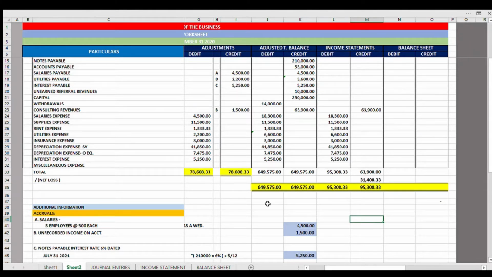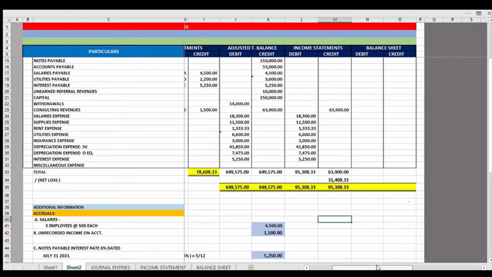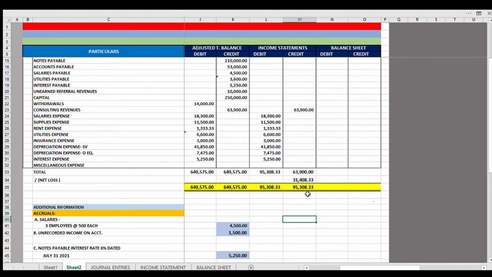Bringing the account balances down, and still balanced in this column up to the column of the income statement. So it is now clear to us that the net loss is 31,408.33.